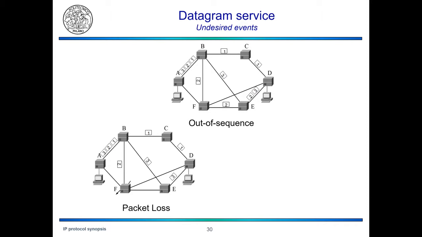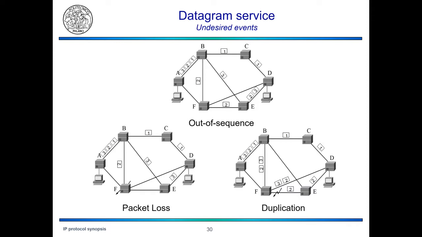Packet number 3 will follow another path in order to avoid the node that is in failure conditions. And so the node D at the end will receive only packet 1 and packet 3. Okay. Again, also in this case, if the network layer is offering the datagram service, the network layer itself is not able to recognize that there is a loss of packet. Okay. So the packet is lost for the network layer.